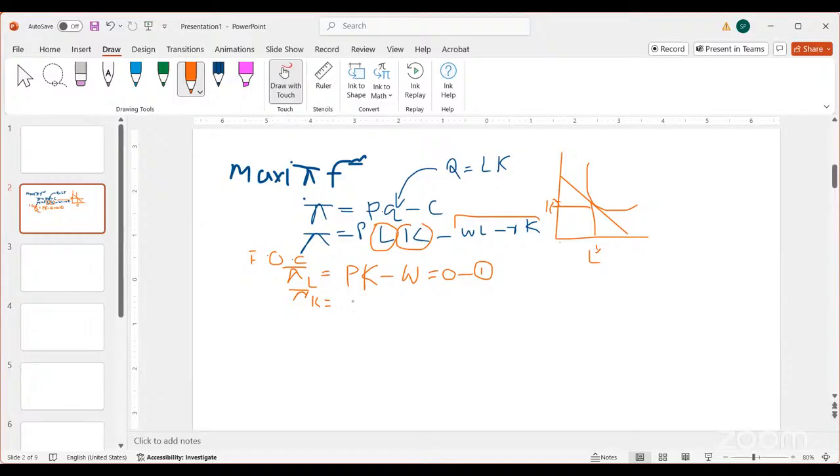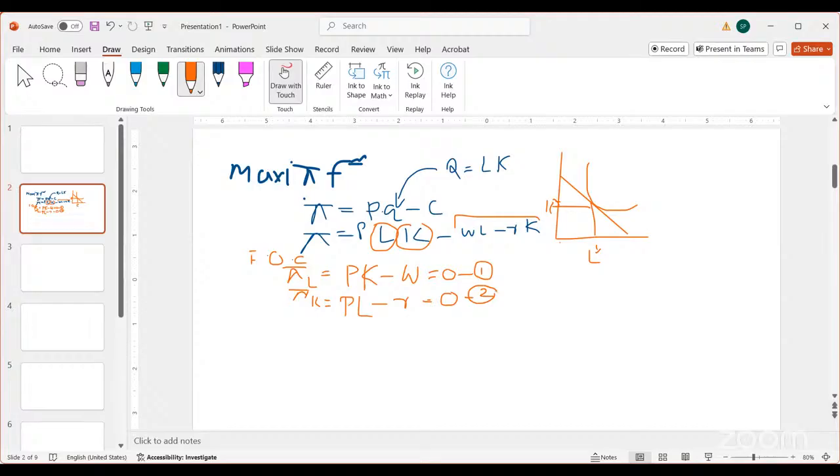When you differentiate with respect to K, we get P L minus R equal to 0. That is the first order condition, and you get the second equation.